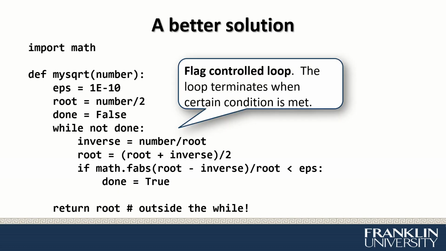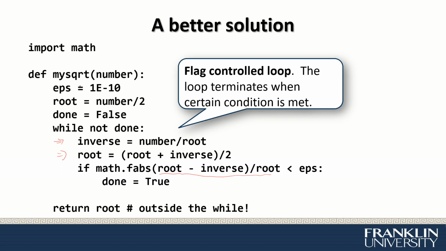So I can change my square root function using flag control. In this flag control, I check this is the previous root and this is the current root. I check if the difference between the previous and the current one is less than epsilon.